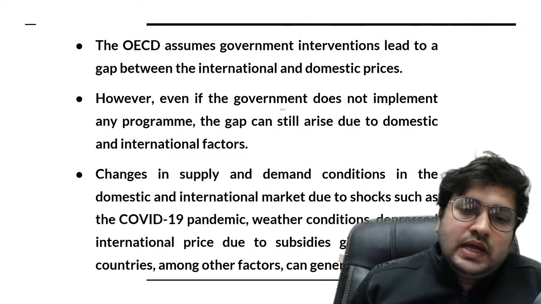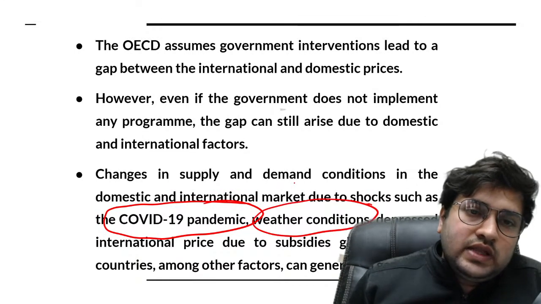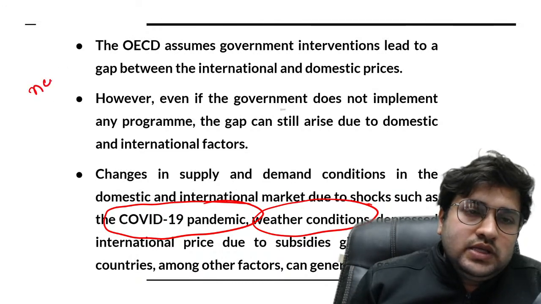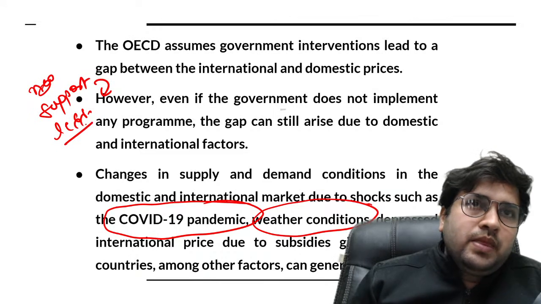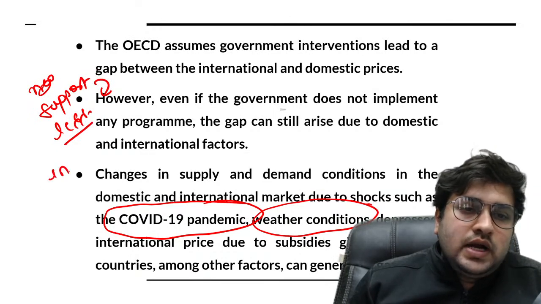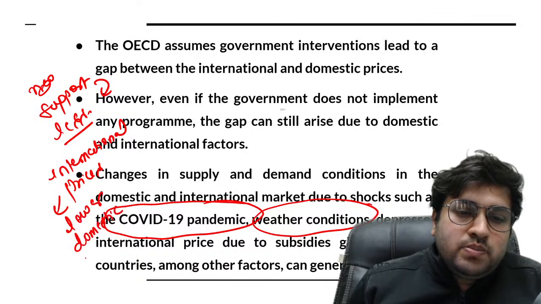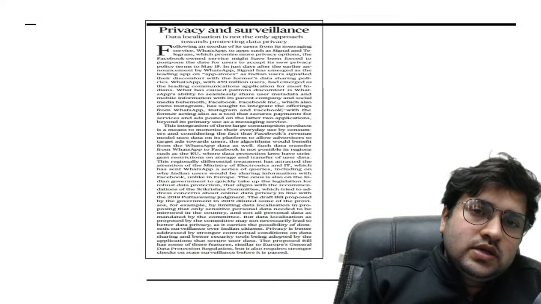For example, the factor can be related to the COVID-19 pandemic, or to weather conditions or depressed international prices, or it is also possible that this year the support offered to the farmer may prove to be less next year, and it may be possible that international prices may be lower in comparison to domestic prices. The international players may earn what we call competitiveness.